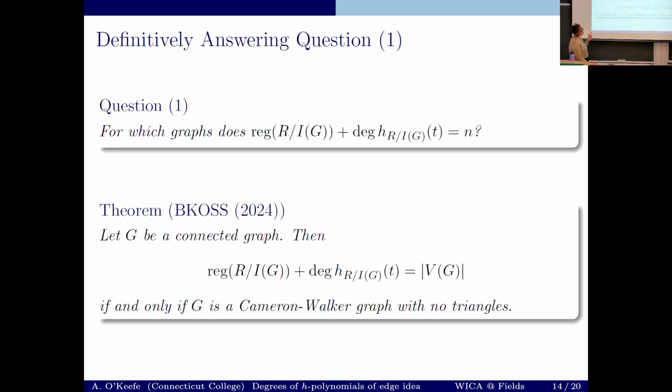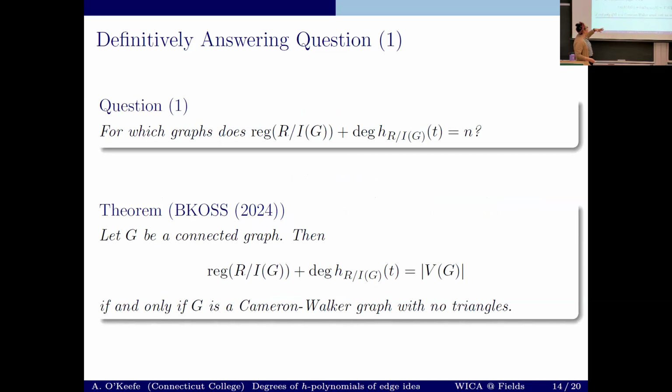So that's our first theorem: if G is a connected graph, then we achieve this upper bound for the sum of the regularity and the degree if and only if it's a Cameron-Walker graph with no triangles. So it's either a claw or it's a bipartite graph where you have a bunch of leaves off of the one bipartition.